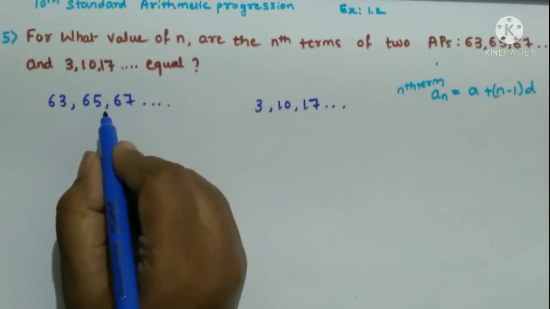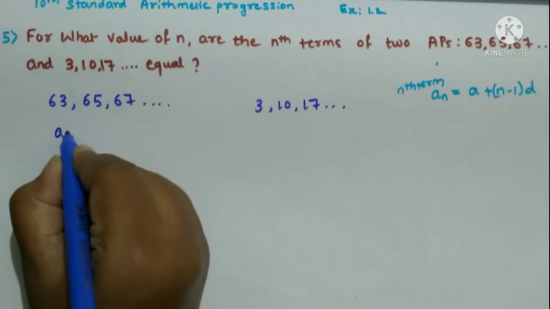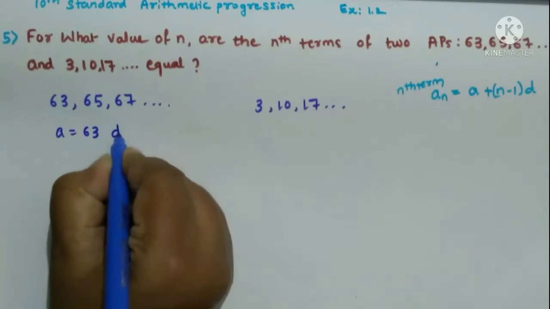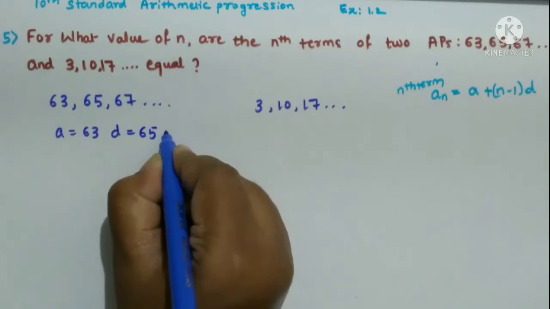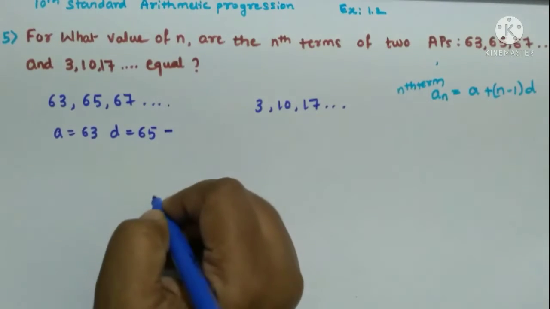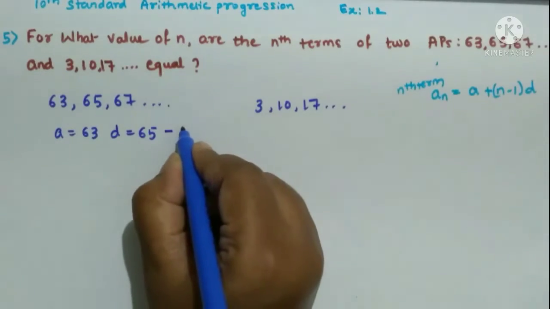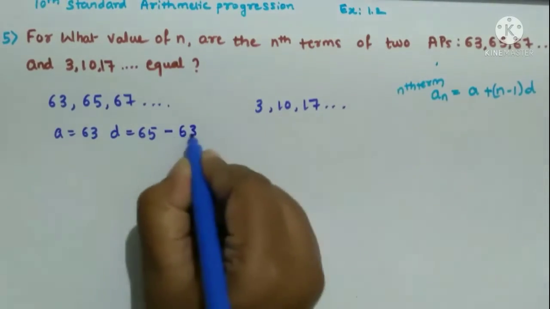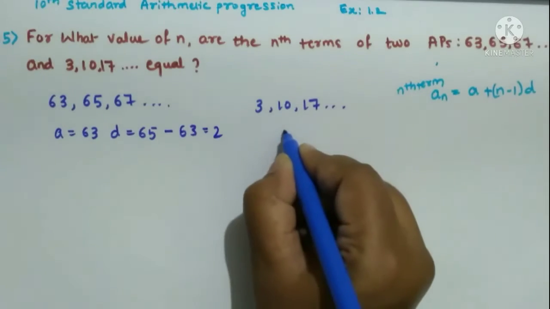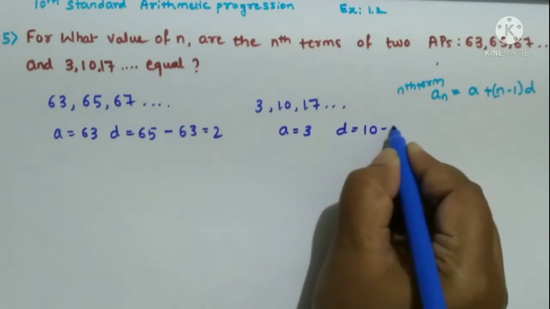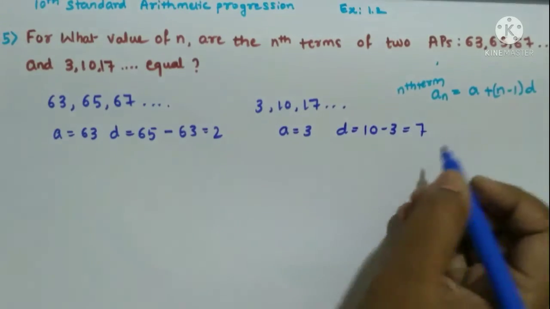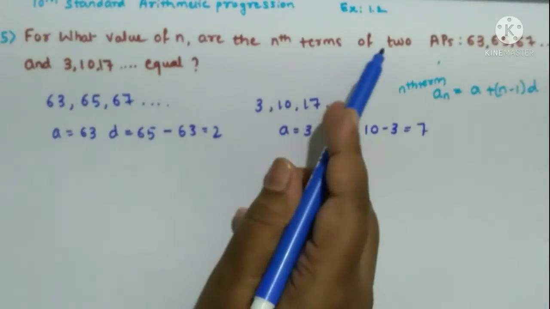In this, the a value is 63 and the d value is second term minus first term, 65 minus 63, which is 2. Here the a value is 3 and the d value is 10 minus 3, so we'll get 7.